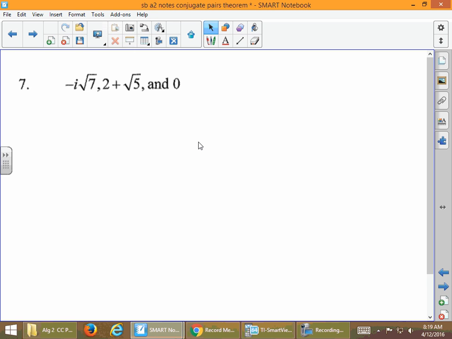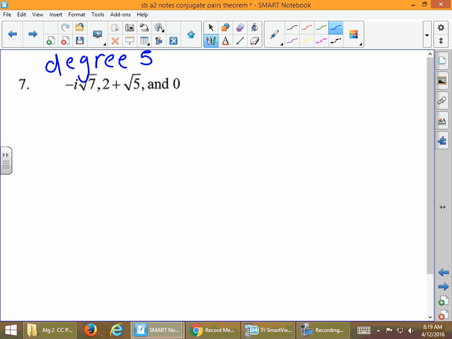So to finish here, this polynomial, by the way, is going to be a 5th degree. It's a 5th degree.